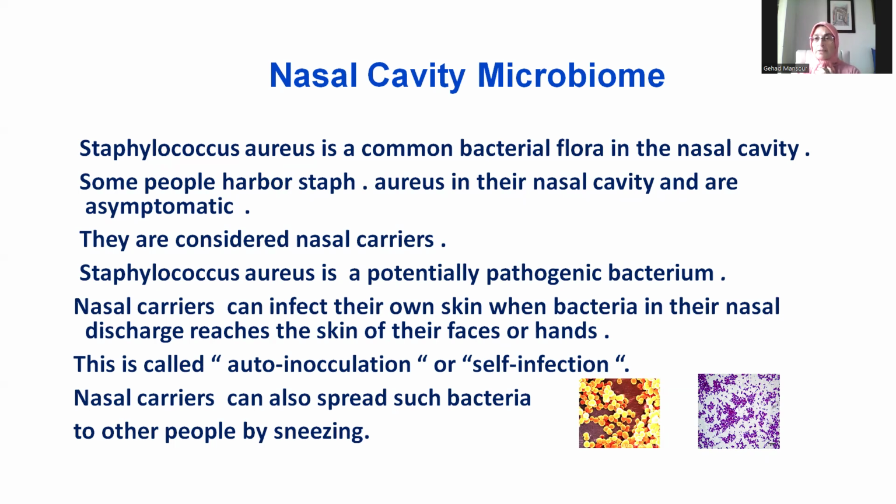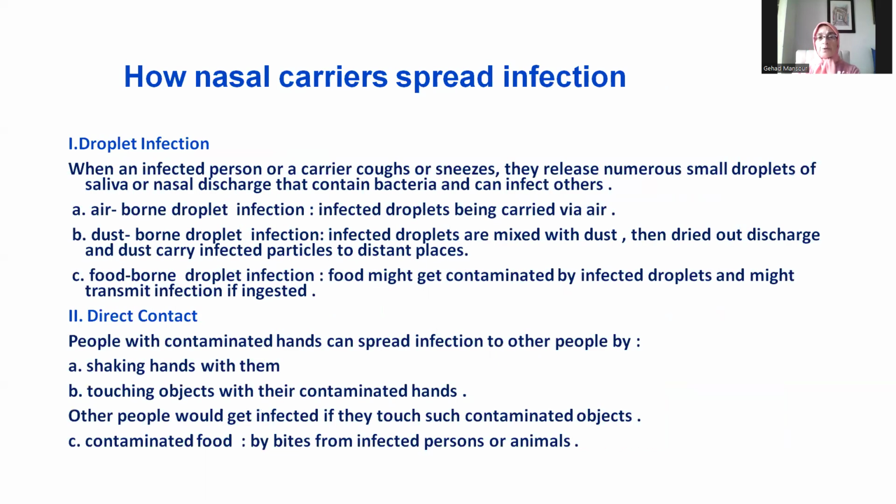So if his own skin is abraded or injured, those nasal carriers might infect themselves, and this is what we call self-injection or auto-inoculation. Auto means self and inoculation means injection. Why do we say injection? Because it is as if they injected the microbe into their skin. So they might harm themselves and they might harm other people.